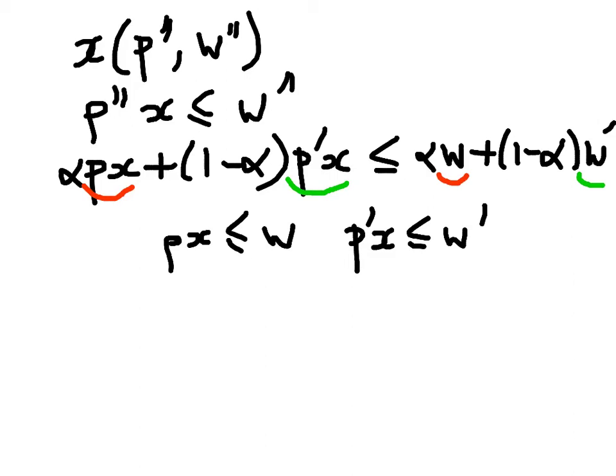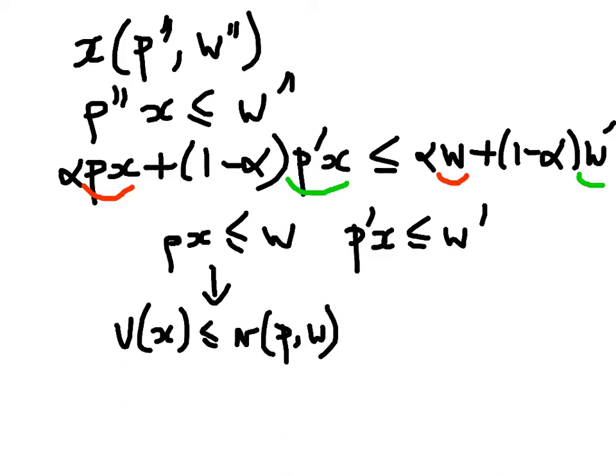Now if X is available at the price wealth combination P, W, then we know here that U of X is less than or equal to the maximum utility attainable at P, W, which we know by definition that we've chosen this to be less than or equal to some level.